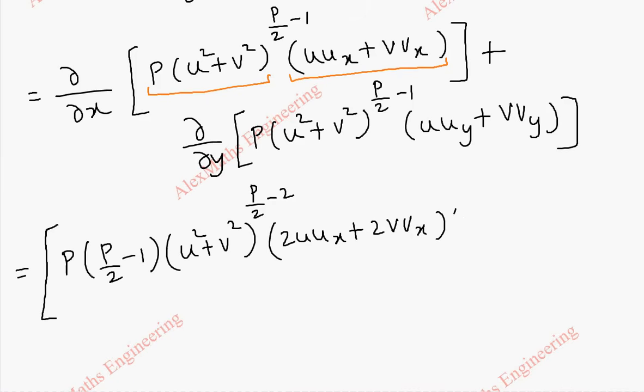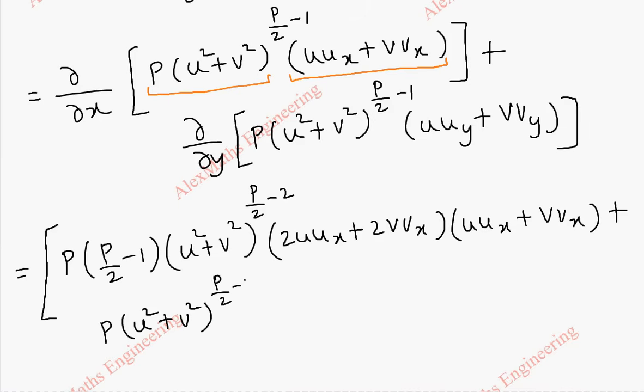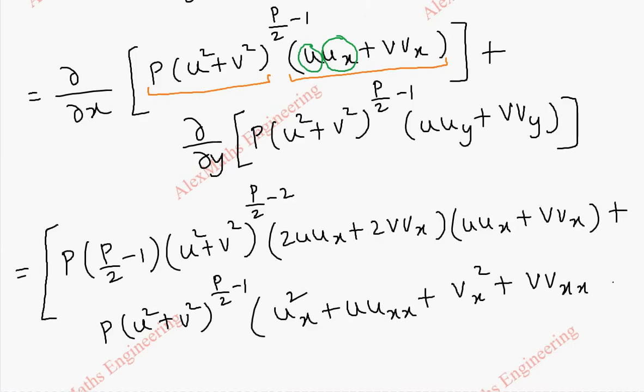And the second term should be written as it is, u ux plus v vx, plus the first term p into (u² + v²)^(p/2 - 1) written as it is, and this differentiation once again for each term I have to use the product rule. So the first term differentiation is ux into ux, so I directly write ux squared, plus the first term we keep as it is times the second term differentiation uxx. In the same way, it is vx squared plus v into vxx.